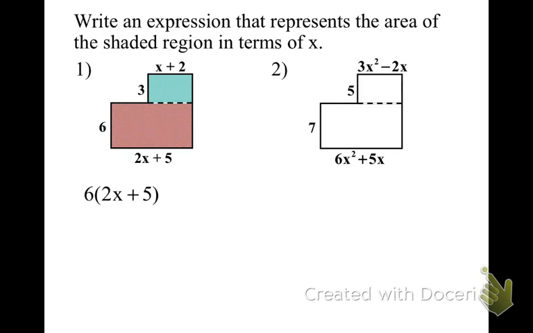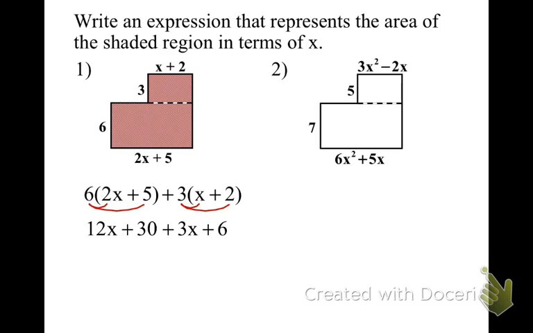It's length times width. So we're going to multiply 6 times 2x plus 5. And then I've got 3 times x plus 2. We do our distributing, 12x plus 30 plus 3x plus 6. And then we combine our like terms, 15x plus 36.